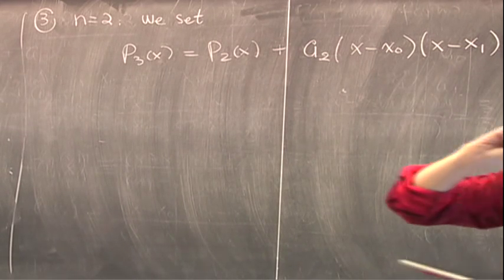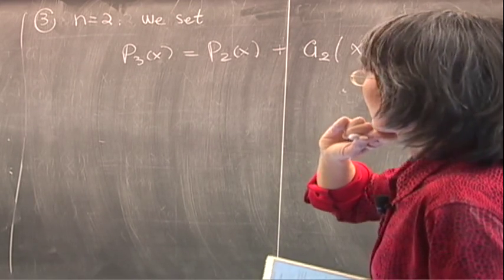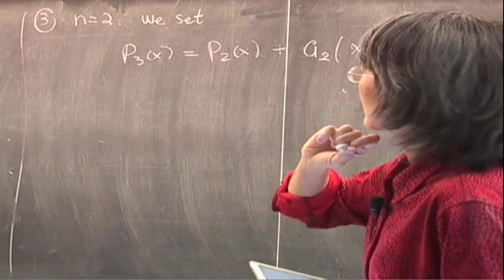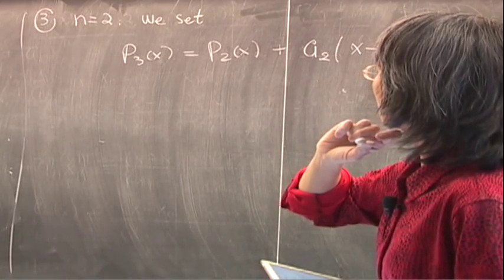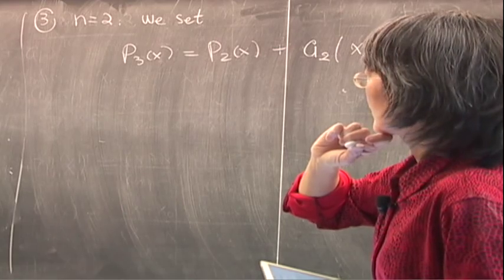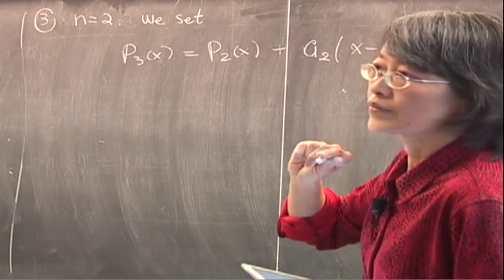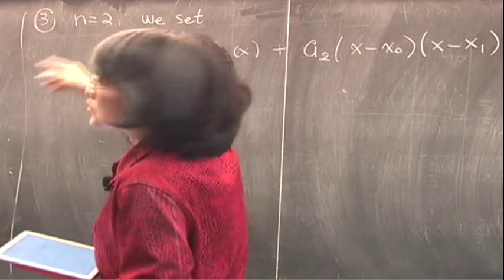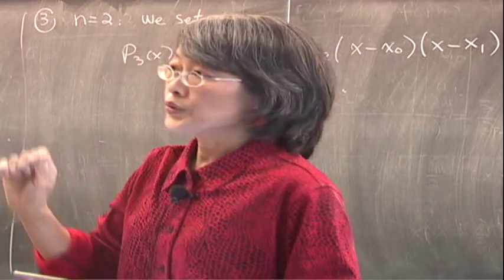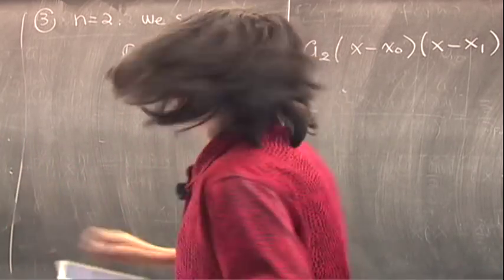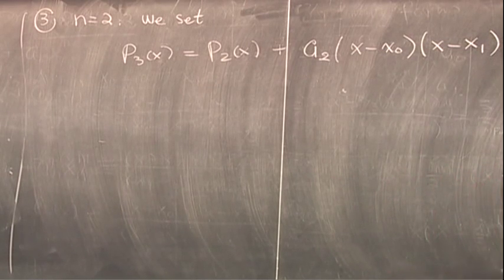So I'm a little confused with the notation. So this is for n equals 2. So is it p sub 2 of x equals p sub 1 of x plus a sub 2? Or is it... n equals 2 means I do 3 points. 3 points? Yeah. Okay, so your data set is x0, y0, x1, y1, x2, y2.